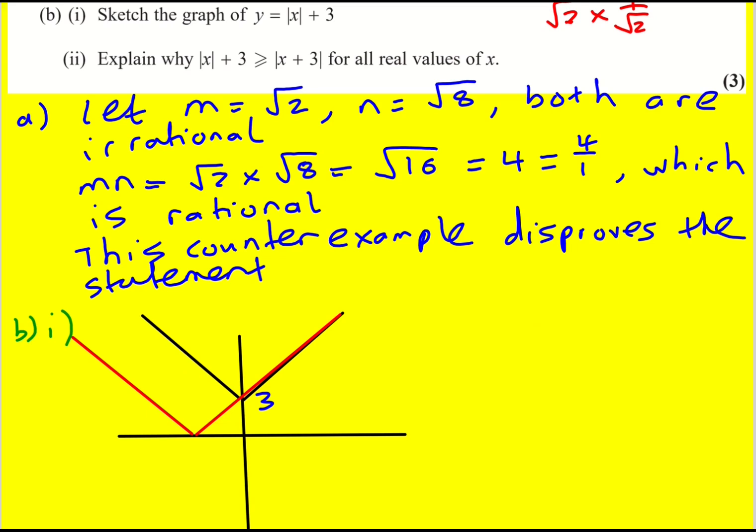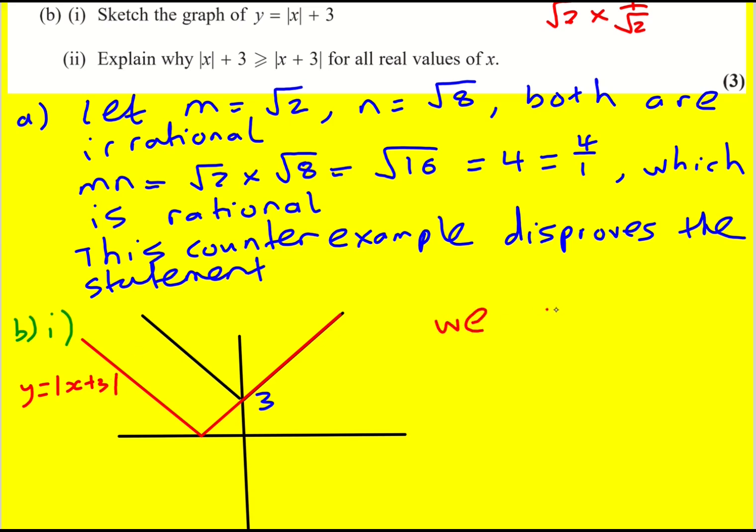These are meant to overlap entirely on the right, so I'm just going to, there we go, that's a bit better. So yeah, it's okay to draw the graph. We just need to justify it a little bit now.